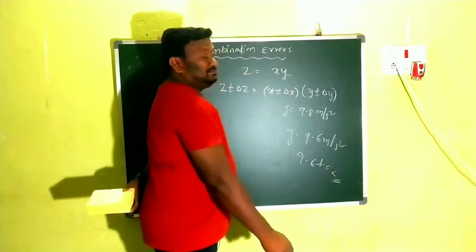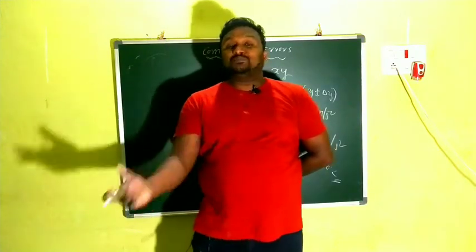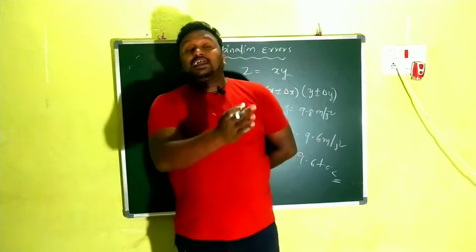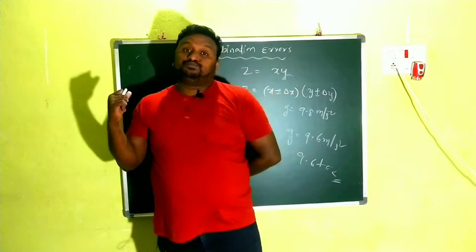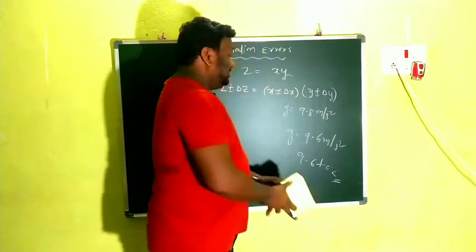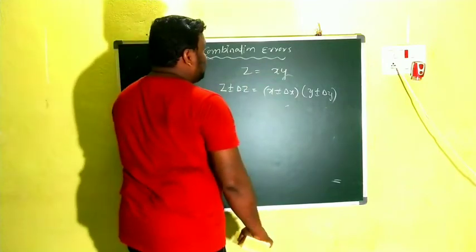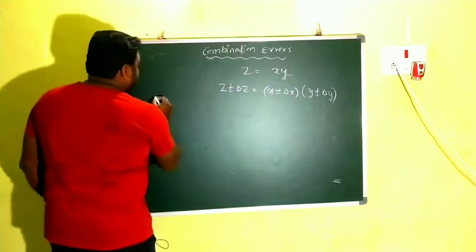The actual value is 9.8, the measured value is 9.6, and to correct it we write 9.6 plus 0.2. Clear? In this case also the X, Y, Z values should be corrected like this.